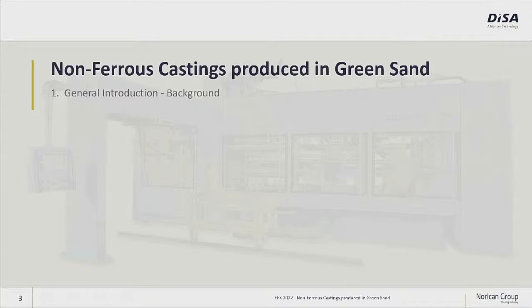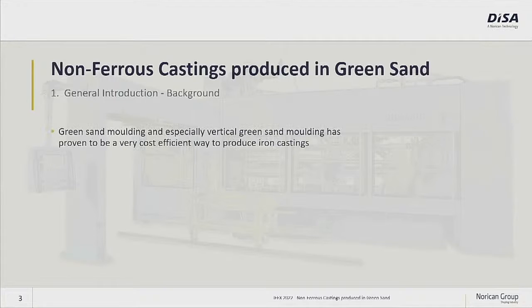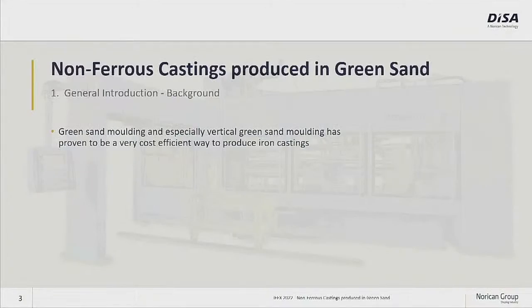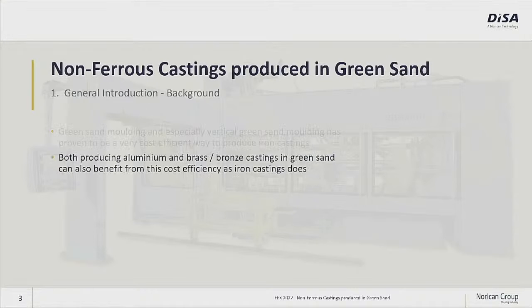So let's jump to the introduction. I think everybody accepts that green sand molding, and especially vertical green sand molding, is a very, very efficient way to produce iron castings. Producing aluminum castings and brass castings in green sand can also benefit from this very high cost efficiency that iron castings benefit from today.